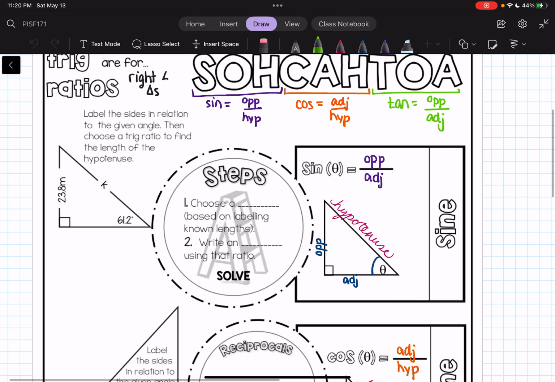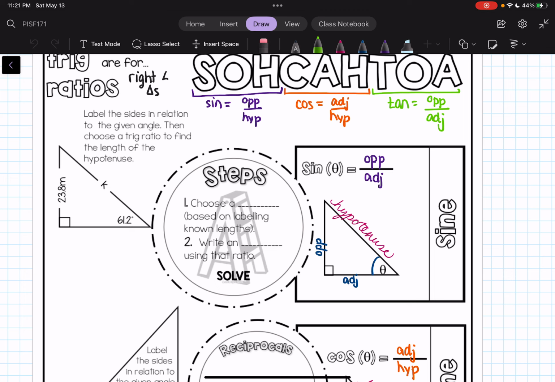So now we can break down the steps to solving for a side, or how do I use this knowledge of trig ratios? Well, clearly we're going to use it to find missing side lengths. We could also use it to find missing angles.